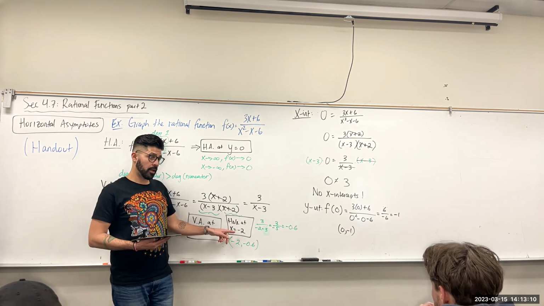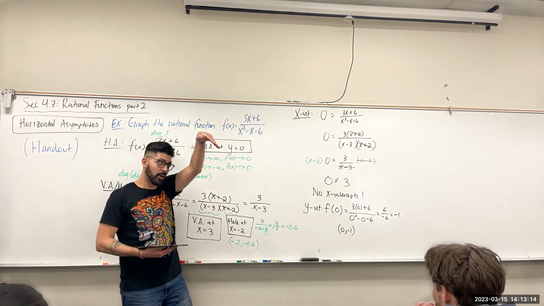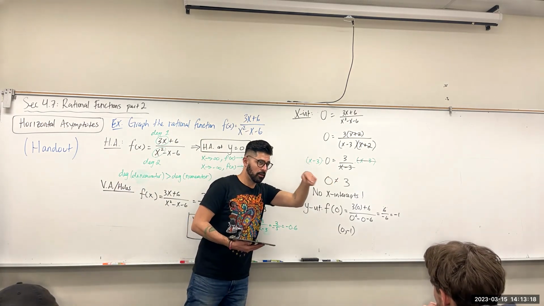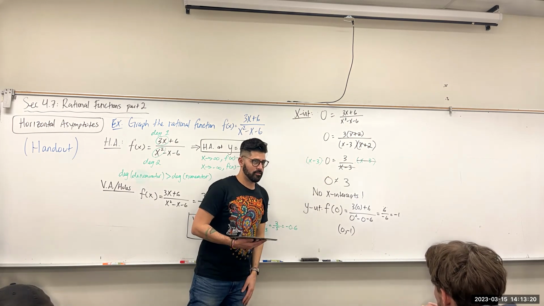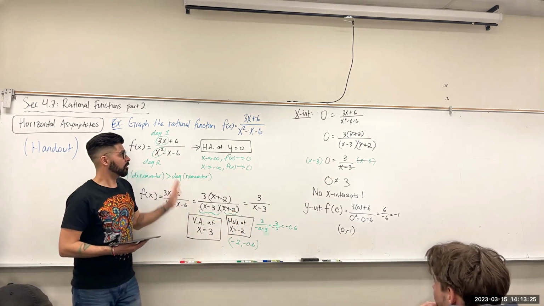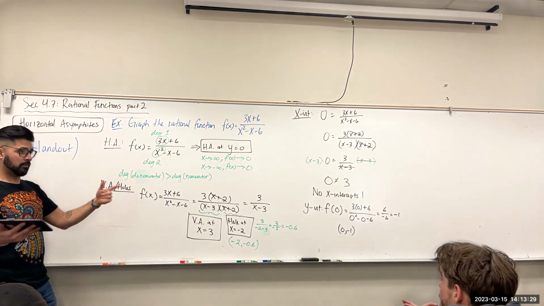If the hole was to happen at x equals 0, you've got to be careful. It might look like it crosses the y-axis, but really there's a hole right there. That's what's tricky about these: you do all these things, but you have to see the big picture at the end.